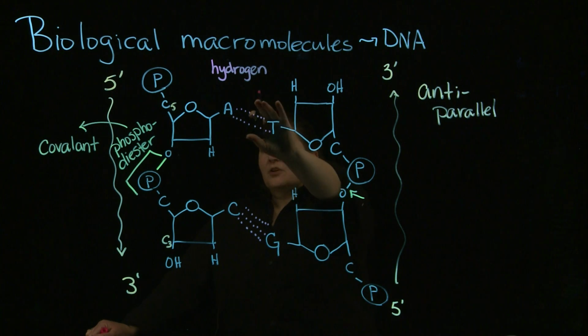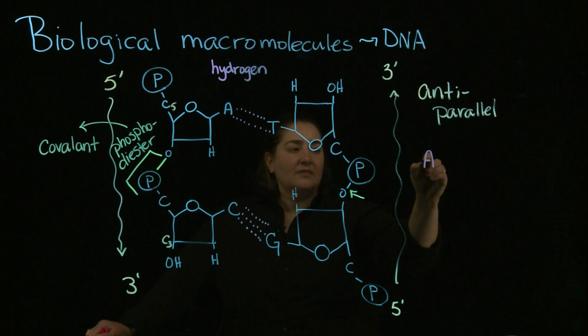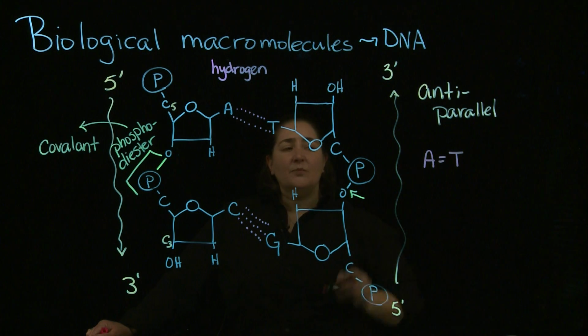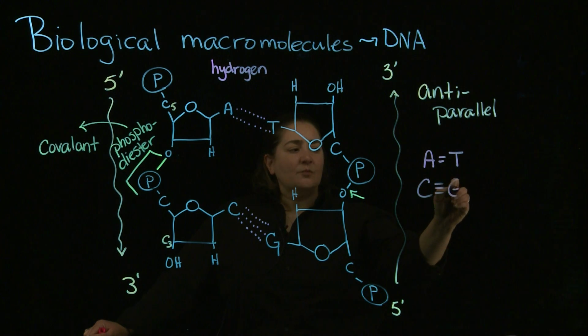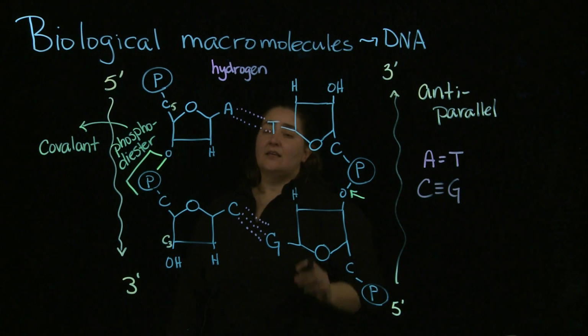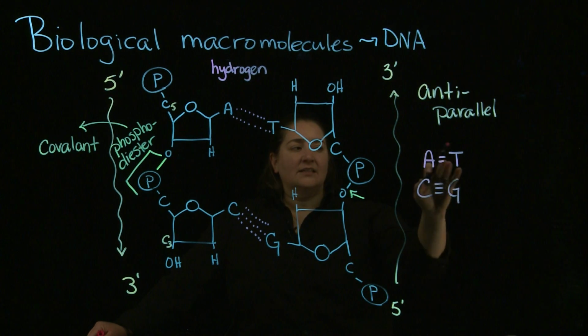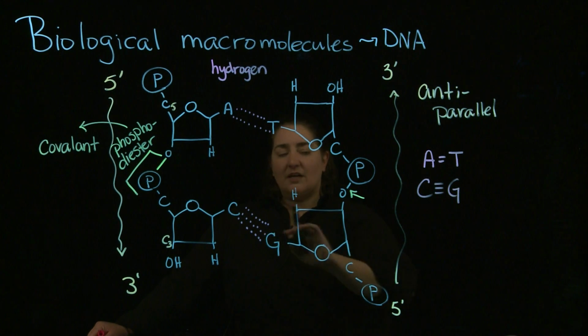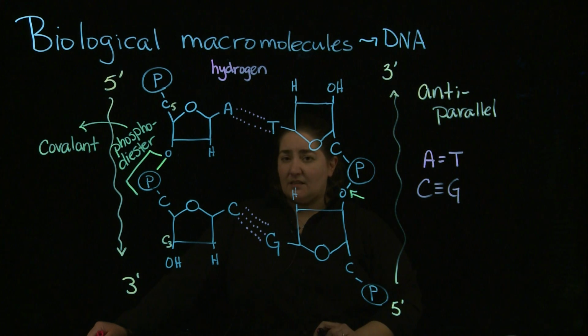And if you also notice, I've got some pairings here. Adenine is always going to pair with thymine. Cytosine is always going to pair with guanine. I drew 2 dotted lines between adenine and thymine, and 3 dotted lines between cytosine and guanine. That wasn't a mistake.